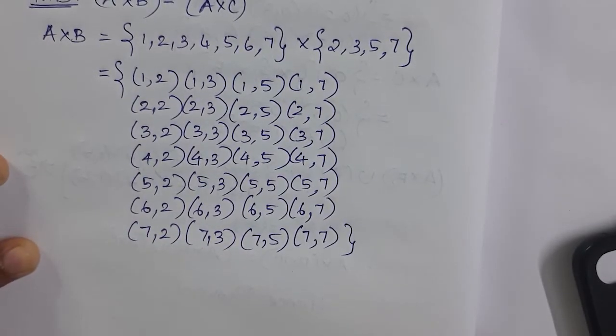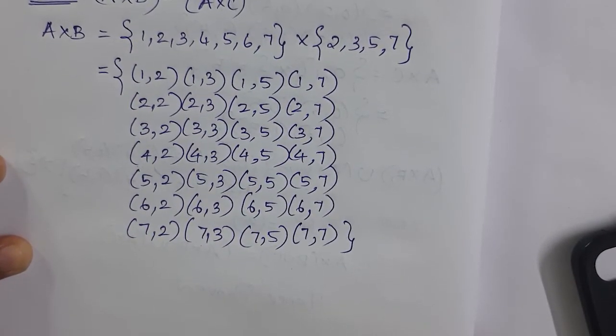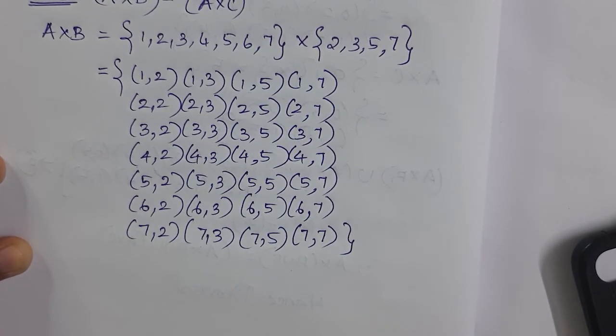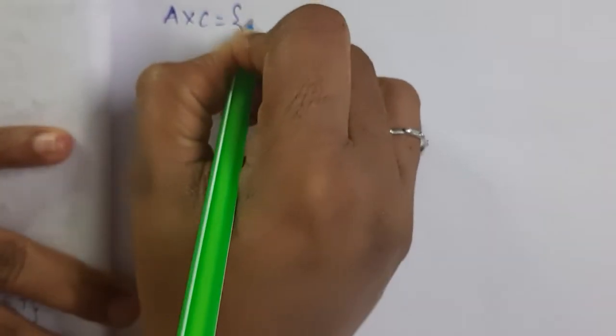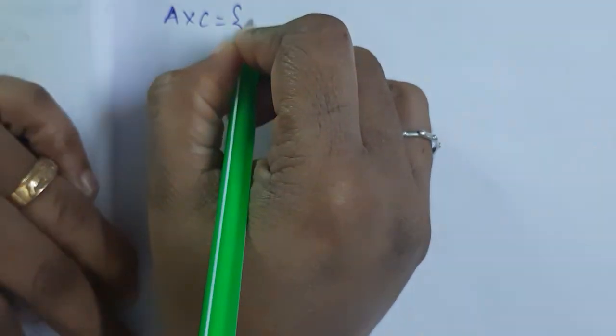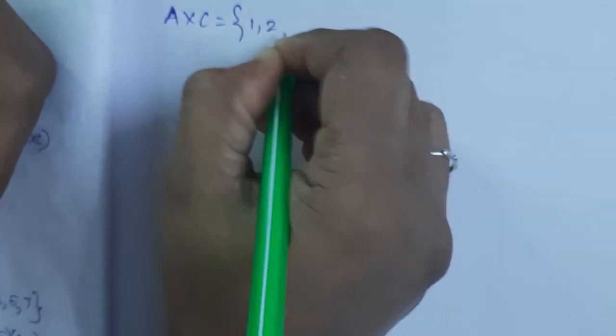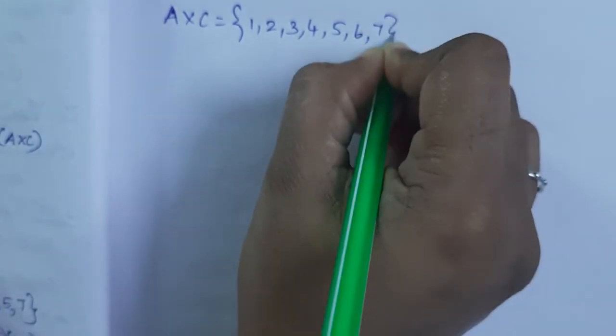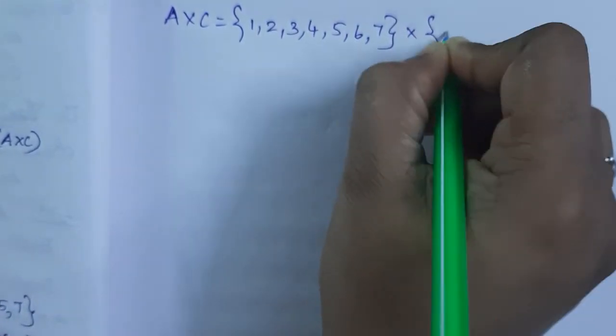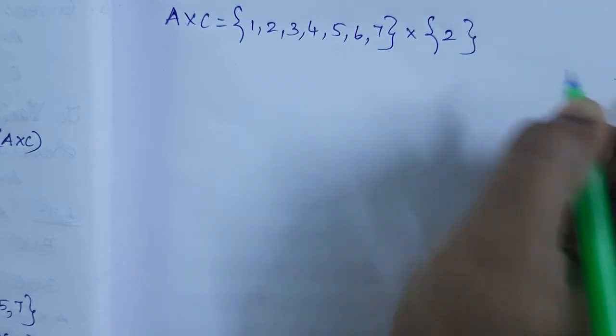So, we have listed out all the ordered pairs for A cross B. Next, we are supposed to find A cross C. First, let's write set A, which is 1, 2, 3, 4, 5, 6, 7, cross C. C is 2 alone.